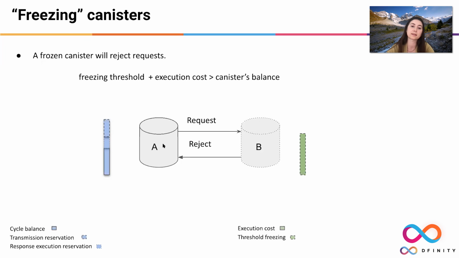Canister A sends a request to canister B, but this request will be rejected. The reason is that it matches the principle we have presented so far. The request will be executed by canister B, and since canister B has this freezing threshold blocked from its balance, it cannot pay for the execution cost.